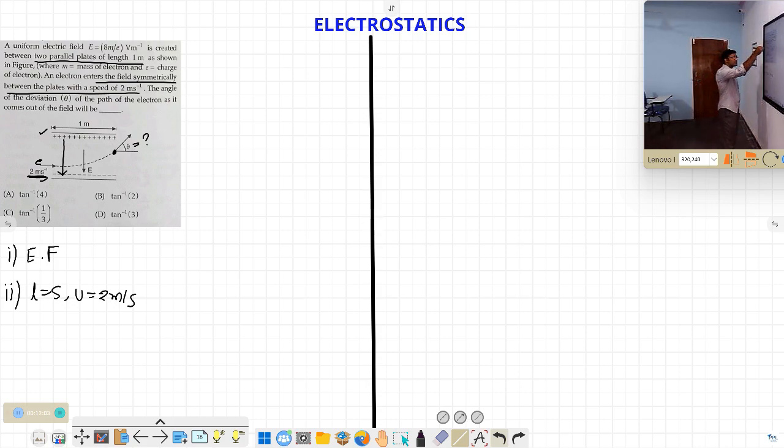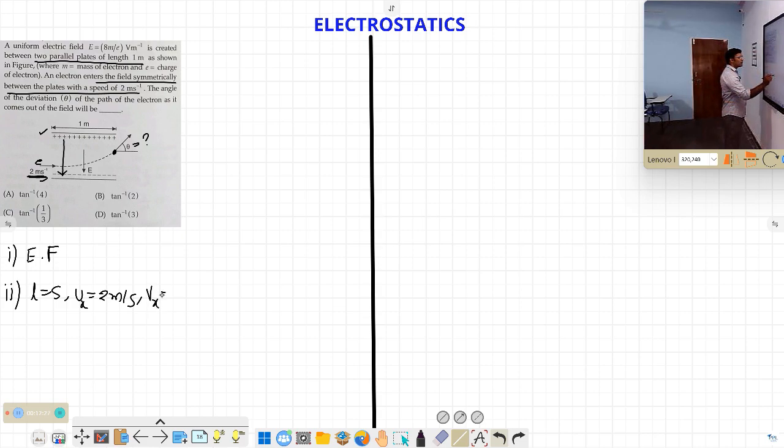So here the electric field is acting vertically, so the charge velocity will change due to the vertical electric field, but horizontal velocity will not be affected. That means there are two types of velocities. Initially it is having only horizontal velocity, but when it reaches the end of the plates, it is having two velocities.